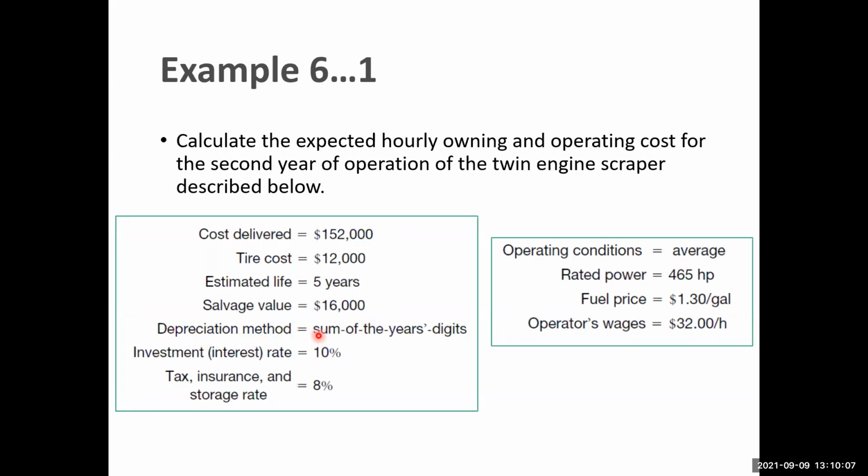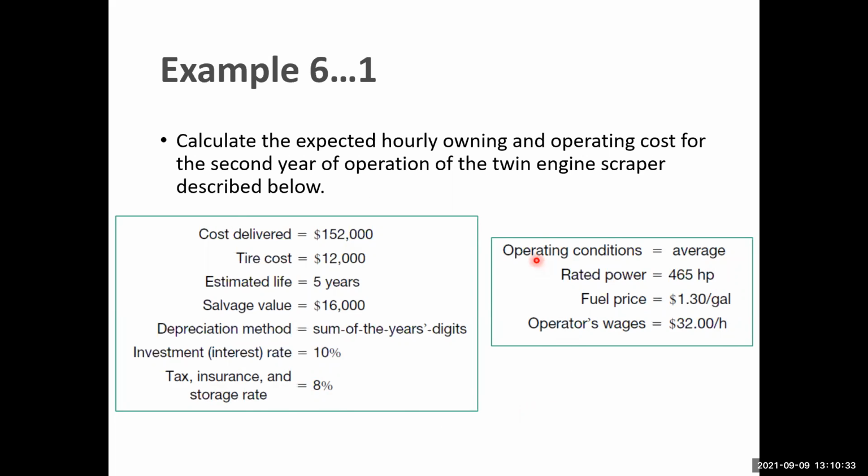The depreciation method is the sum of the years digits method. Investment rate is 10%. Tax, insurance, and storage rate is 8%. Operating conditions are average. Rated power is 465 horsepower. Fuel price is $101.3 per gallon. Operator's wages are $32 per hour. So this is the data which is available.